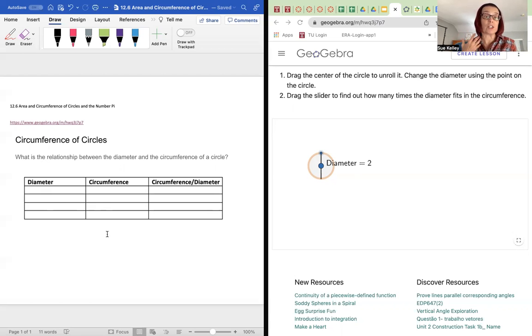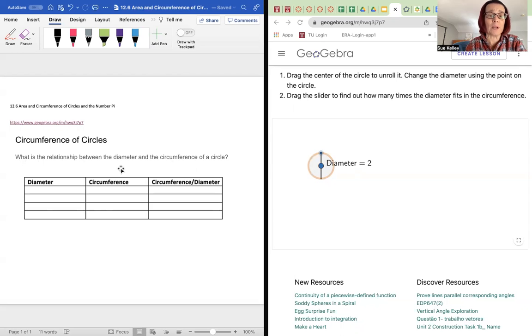So we're trying to determine the relationship between diameter and circumference. If you remember, a little bit ago we talked about the different parts of a circle, and we talked about the diameter as being the dividing line across half of the circle that goes through the center and touches both sides of the circle.